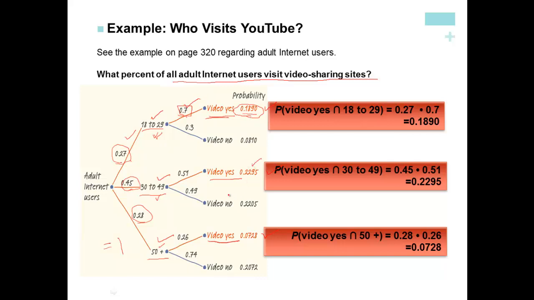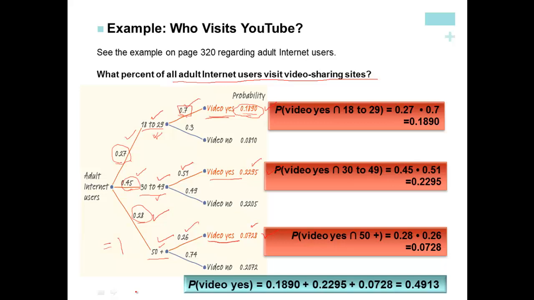Likewise, the 0.2295 comes from multiplying 0.45 times 0.51, and the 0.0728 comes from multiplying 0.28 times 0.26. To find the total then, I would just add these 3 values together, which would end up being almost 50%, 0.4913.